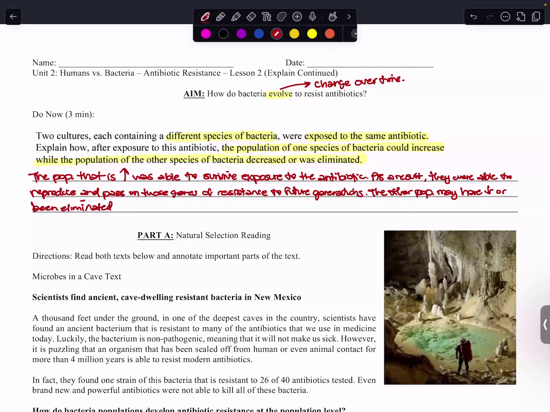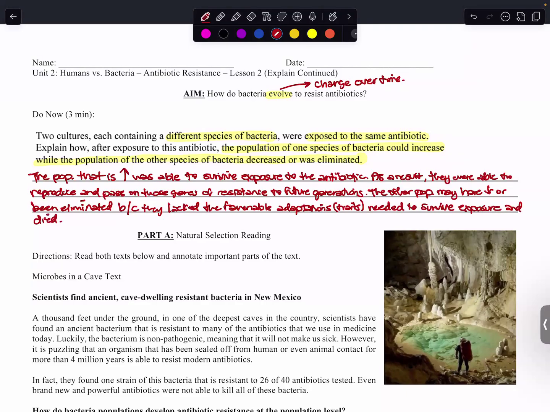I knew I would get it, because they lack the favorable adaptations, right, or traits needed to survive exposure and died.